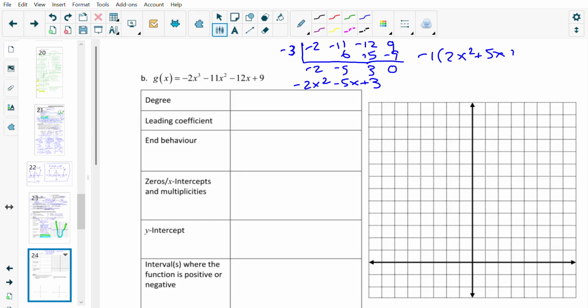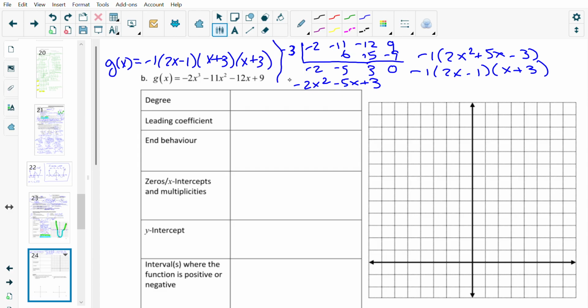Okay, let's factor that. Okay, so g of x, what do we got? Equals -1 times 2x minus 1 times x plus 3 times x plus 3. Okay, that's factored form.